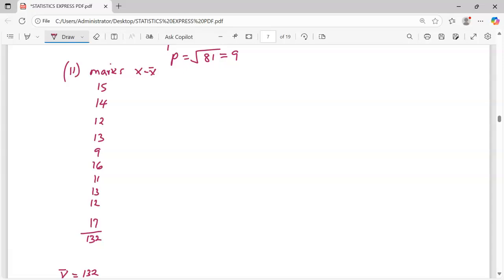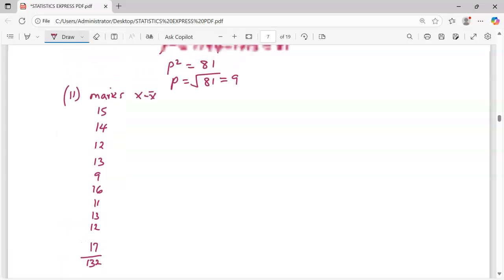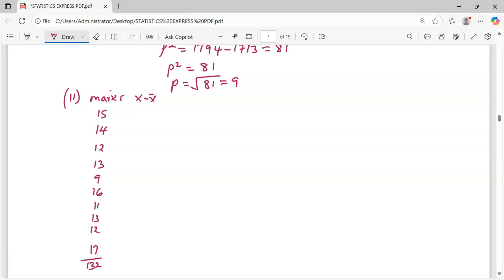If you take 132 divided by 10, our mean is going to be equal to 13.2. So once you get 13.2, we can now get the deviations by taking x, which is the marks, minus the mean of the marks.